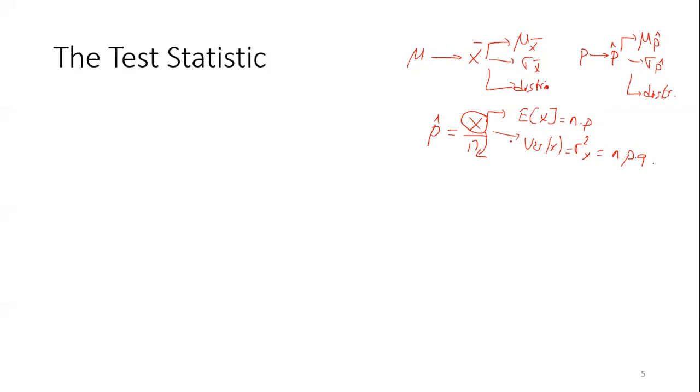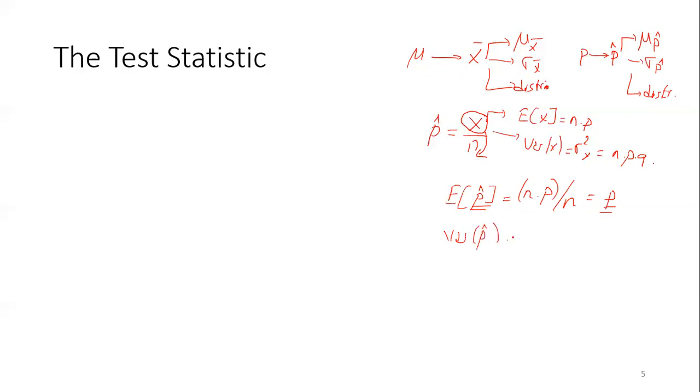It's very easy to calculate the expected value and the variance of p hat. The expected value of p hat is n times p divided by n, which is equal to p. So the expected value of p hat is equal to p, which means p hat is an unbiased estimator of p.